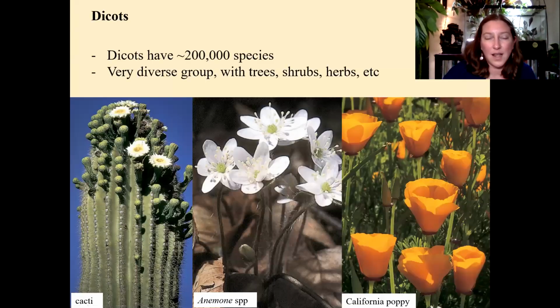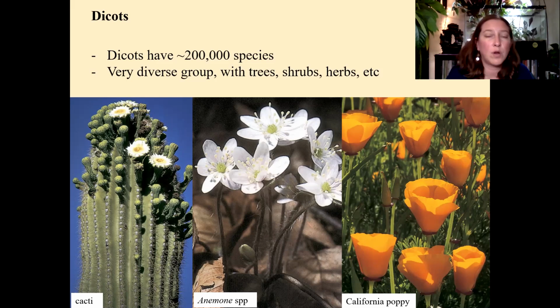What are dicots? Of all the plants that exist, about 200,000 of the plants that we know of today are what are known as dicots. Some examples of dicots include cacti, this pretty thing called an anemone, and California poppy, but there's a ton of others. Pretty much most of the plants you're familiar with are probably dicots.